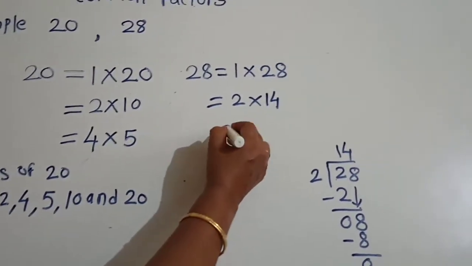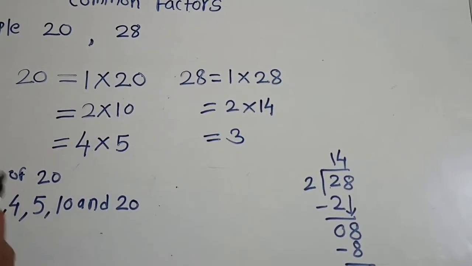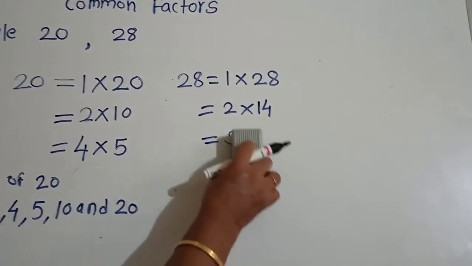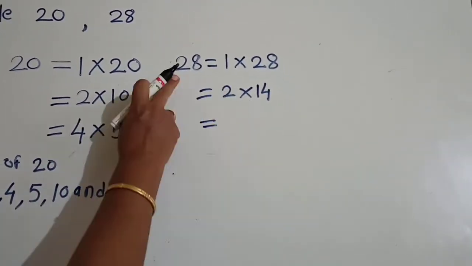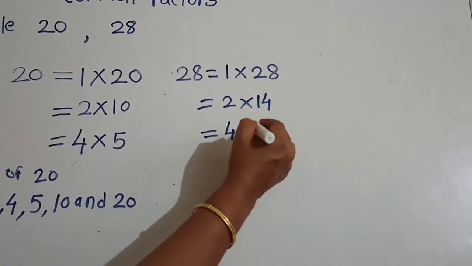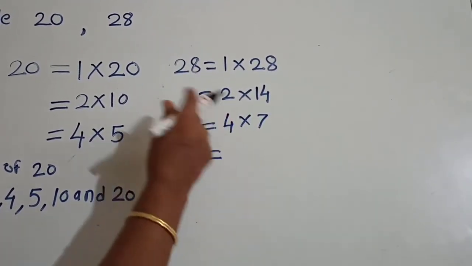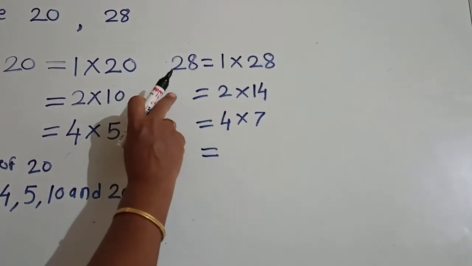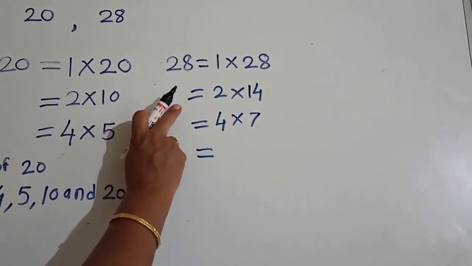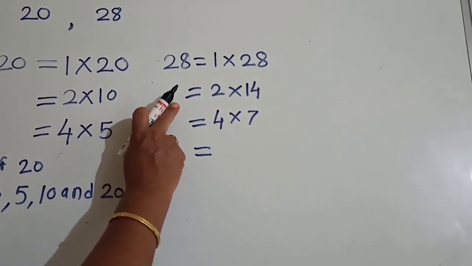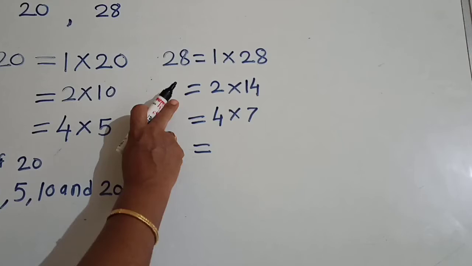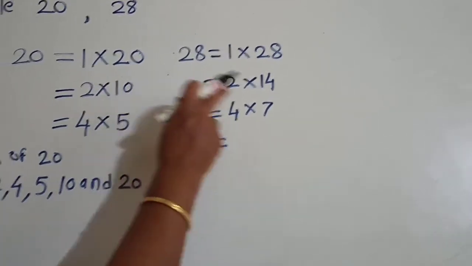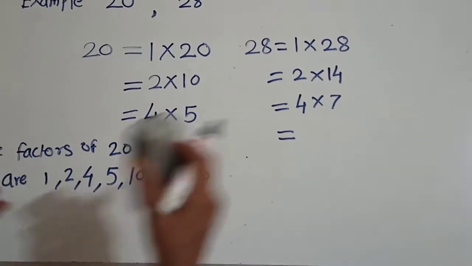Then 3, but there is no 28 in 3's table. Then 4, 4 sevens are 28. 5, no. 6, 6 ones are 6, 6 twos are 12, 6 threes are 18, 6 fours are 24, 6 fives are 30. 7, yes, 7 fours are 28.